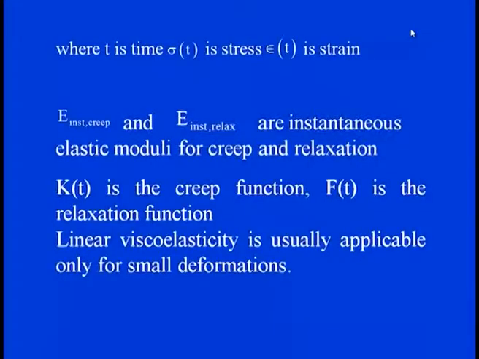But again, since we applied these to a small segment, we are assuming that the propagation is linear when we apply the cyclic integral. So, this is one of the big assumptions: linear viscoelasticity is applicable only for small deformation, where we can sustain the linearity of the elastic feature along with the viscosity.